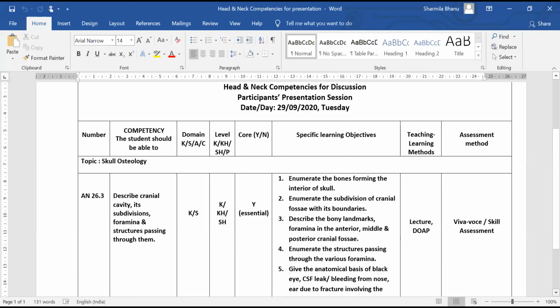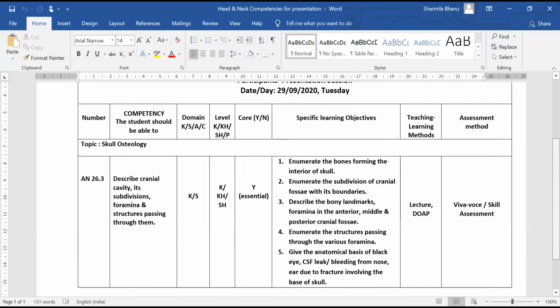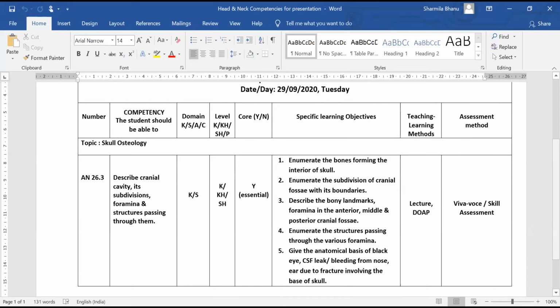Fifth, give the anatomical basis of black eye, CSF leak, bleeding from nose, ear due to fracture involving the base of skull. Teaching learning methods are lecture and DOAP, and assessment methods are viva voce and skill assessment, that is practicals.